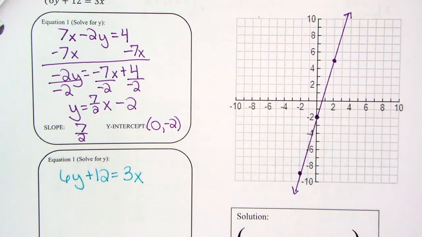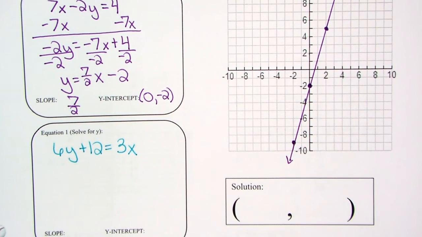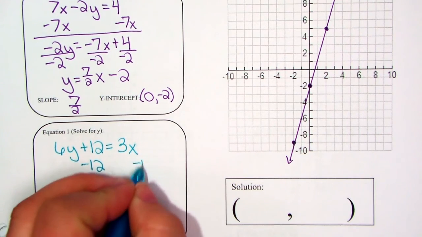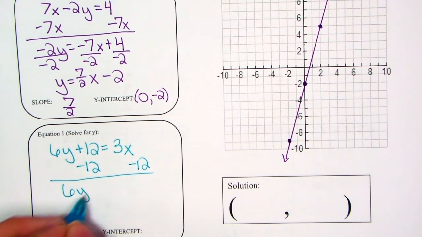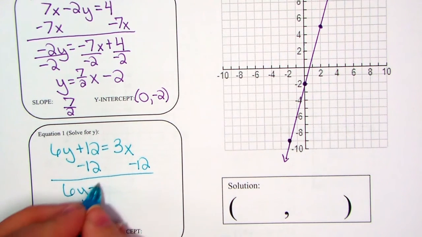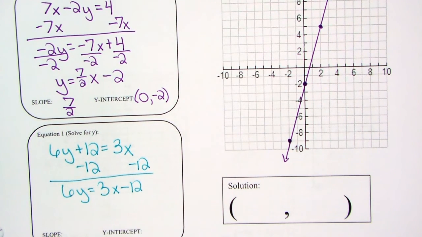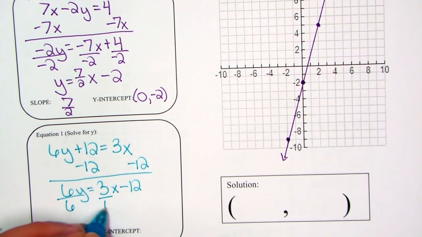Let's try the blue equation. To get y by itself, I need to subtract 12 from both sides. And I get 6y equals 3x minus 12. Divide both sides by 6, and we're going to go all the way across.